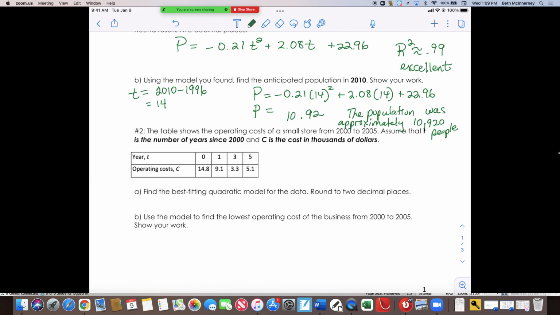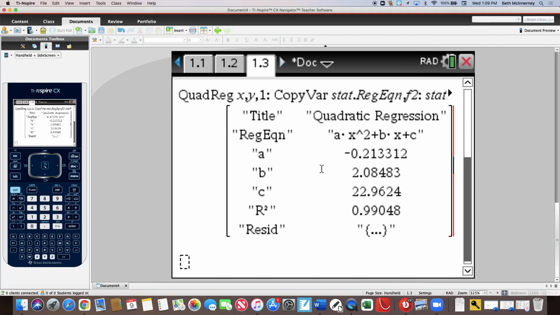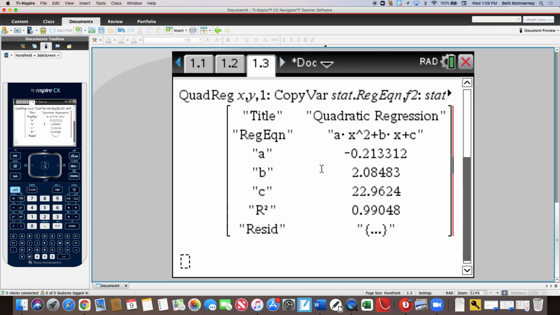This says, let's find the best fitting quadratic model for the data, so I don't have to guess what it is. So let's go through the process again. Let me stop sharing and pull up my screen. All right, so we're going to start a new document.